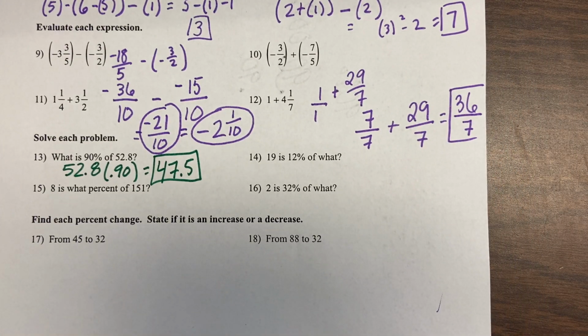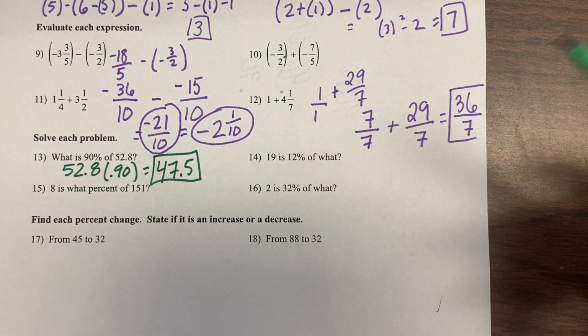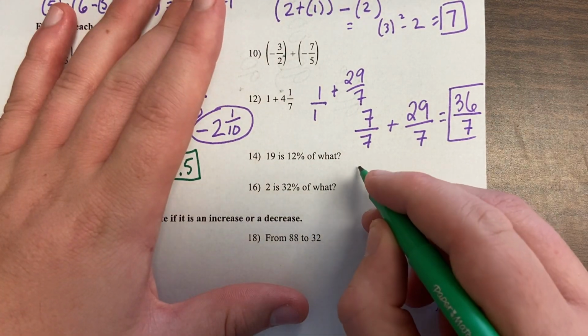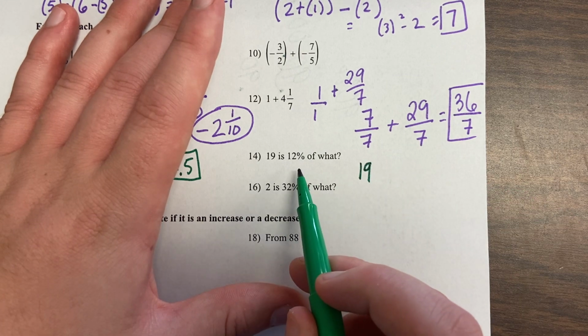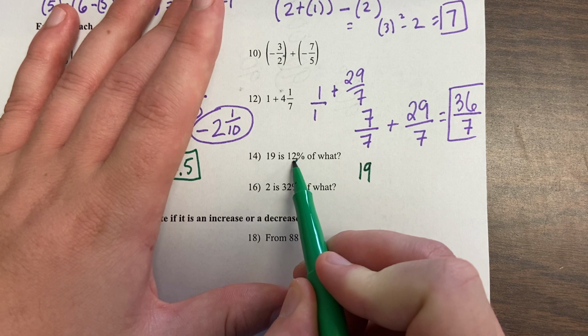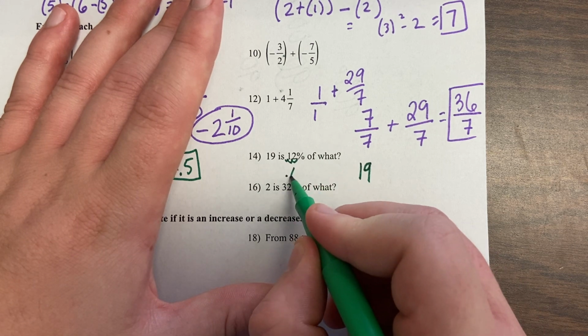Okay, kind of another way to look at all these percentages. Number 14, 19 is 12% of what number? When it's addressed like this, number 16 is the same kind of setup. Again, we can't use that percent number, so we've got to change that percent into a number. So 12% is the same thing as saying 0.12.